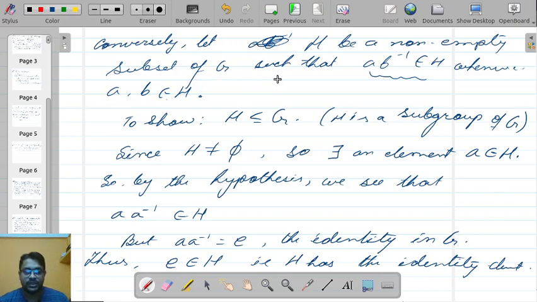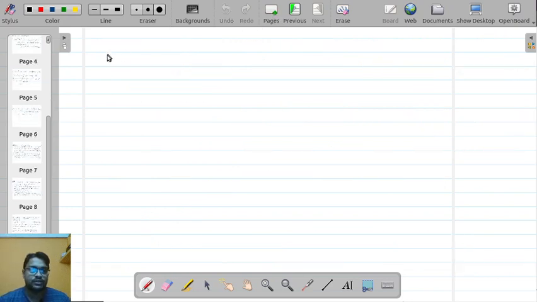Given A and B in H, whether A dot B is in H or not, that's tough as of now. So let us see whether we can find out the inverse. Show that the inverse is in H.